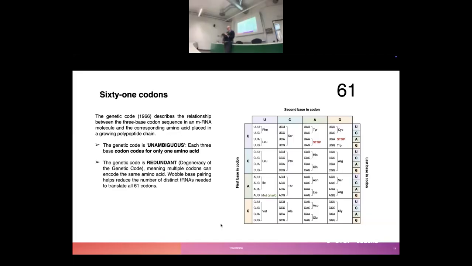Okay, if you look at that, this one has only one. While for all the others, there are at least two. And in case of leucine, there are 6. Okay, that's the redundancy. So now, how can we manage with those numbers and the redundancy? How can we fit?